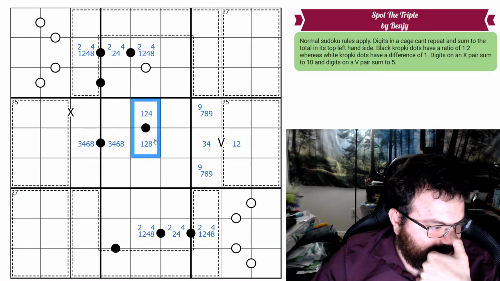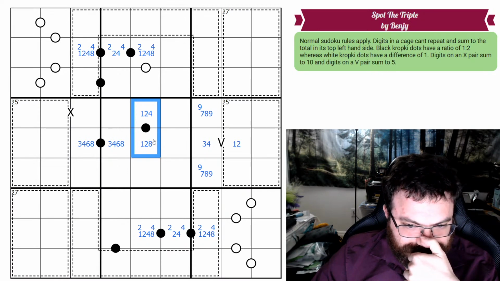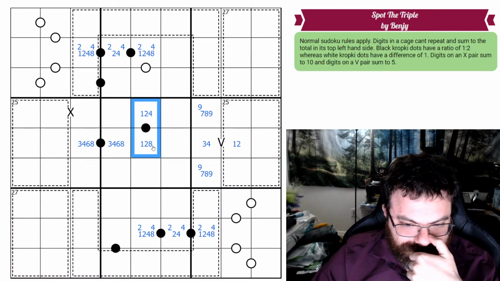There's another possibility in box 5 for the Kropke pair. Six and 3.